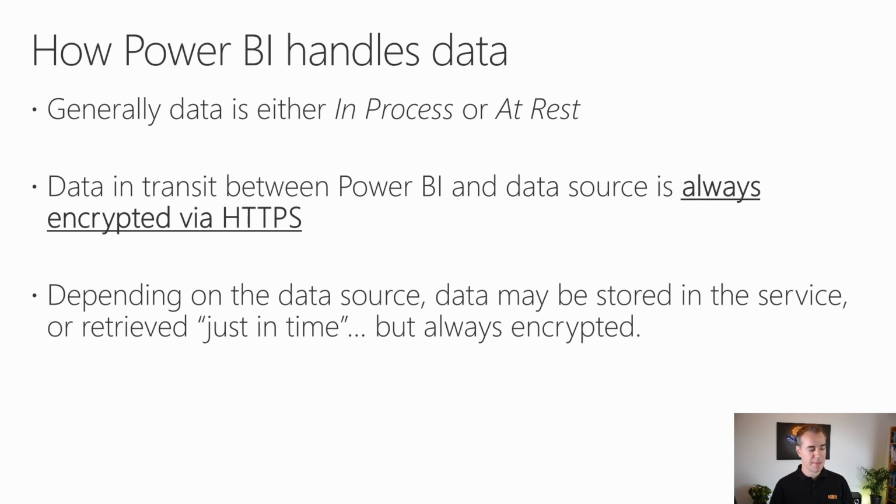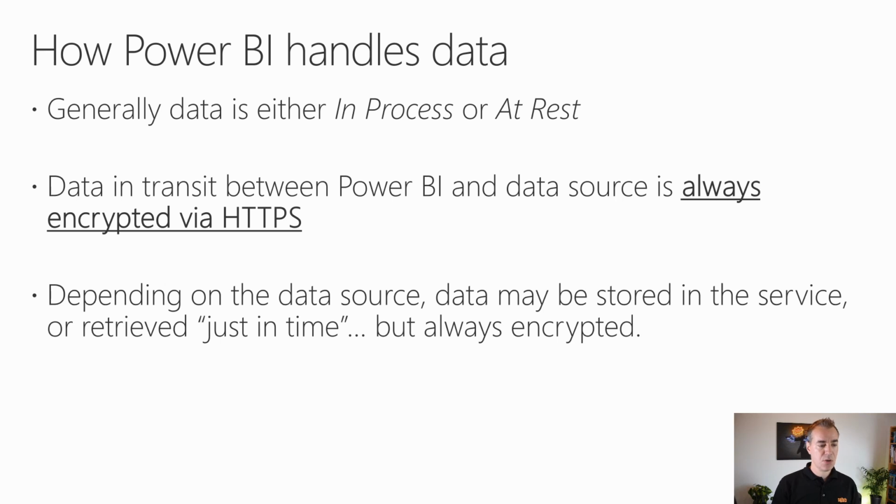So how does Power BI handle that data? The data is either in process or at rest. Data in transit, or in process, means it is flowing around through different servers. Or it's stored at rest and needs to be loaded, like a Power BI Desktop file stored on a file system somewhere so that it can be loaded.